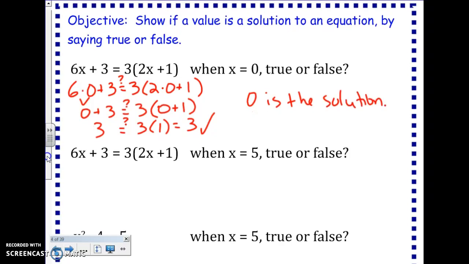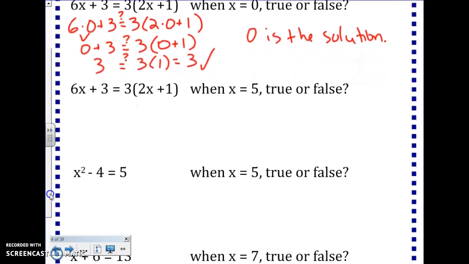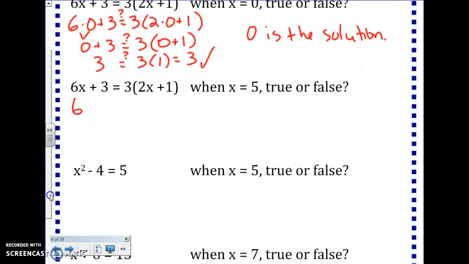And using the same equation, let's try another number. Let's try 5. Totally different than 3, right? So I'm going to put 5 into where x is. Use my order of operations to evaluate.